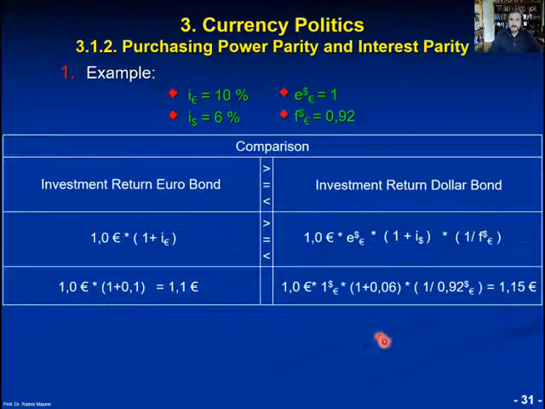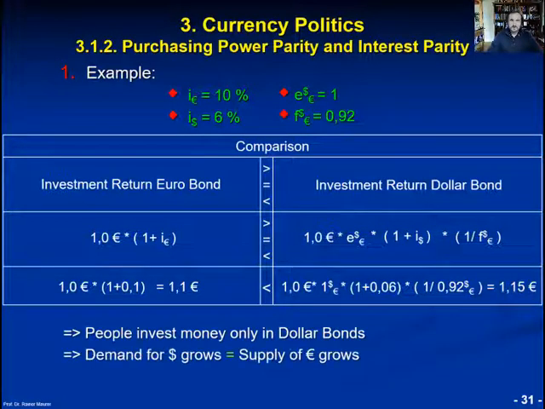The reason is the forward exchange rate of $0.92 per euro, which implies an appreciation of the dollar against the euro compared to the spot exchange rate of $1 per euro. Since the return of a dollar bond investment is higher than the return of a euro bond investment, people want to invest their money only in dollar bonds.